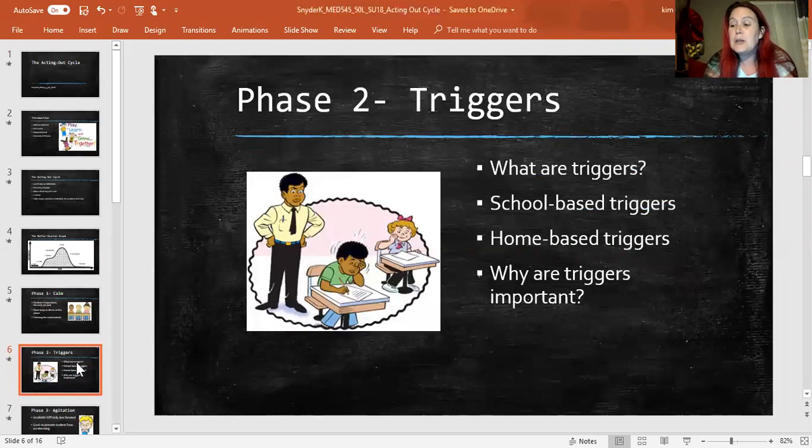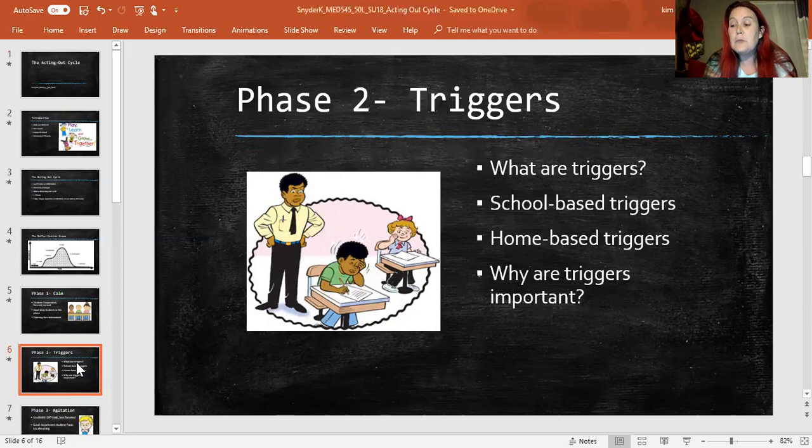Some examples of triggers at school are a teacher asking a student to complete a specific task, transition times, a peer tapping her foot, the student believing that he is not capable of completing a task, boredom, or overstimulation. Some non-school related triggers which should also be taken into consideration are being hungry, tired, or stressed.